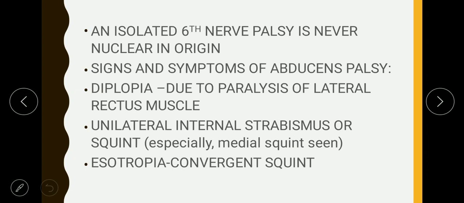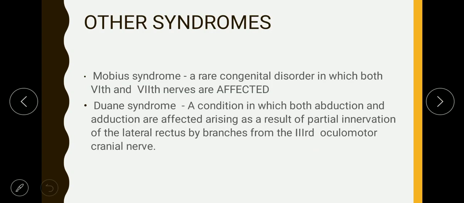Squint, generally medial squint, is seen, and this is because as the lateral rectus is paralyzed, no lateral rotation or abduction is possible, so the eyeball moves medially or inwards. Esotropia or convergent squint is a squint in which one or both eyes are turned inwards, which results in a cross-eyed appearance.